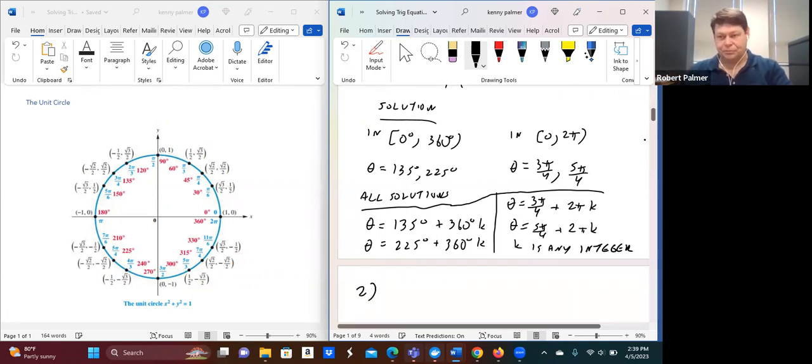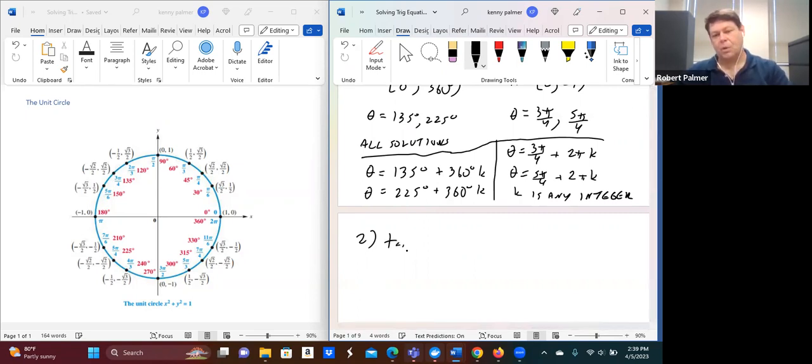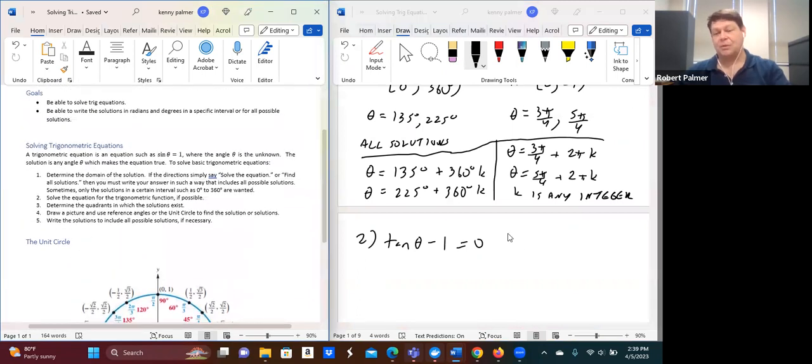Look at our second one. This time, let's say we have tangent of theta minus 1 is equal to 0. That's our new one. So here, the first thing we want to do is get the trig function by itself if possible.